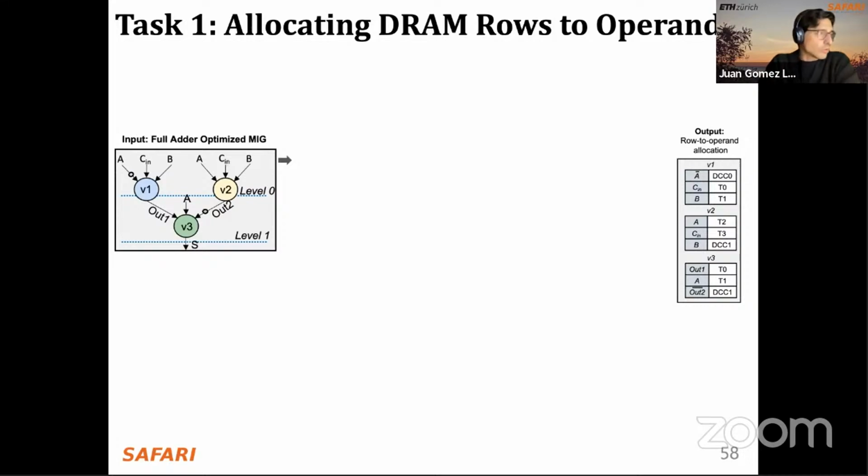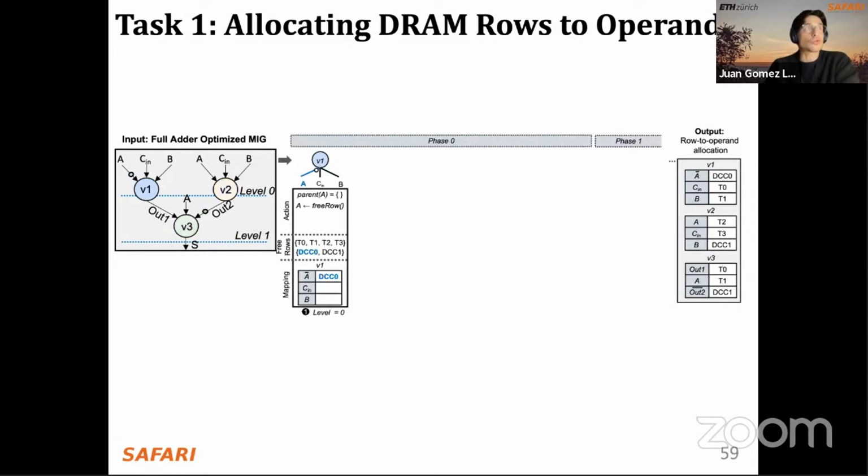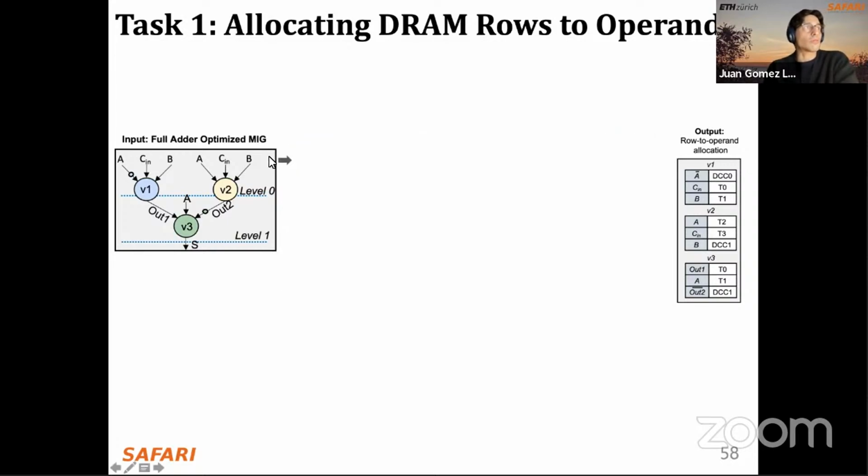We are going to see in a little bit more detail how this task allocates the DRAM rows to operands. In this case we start from the full adder optimized majority inverter graph, that is the majority-not representation of a full adder.